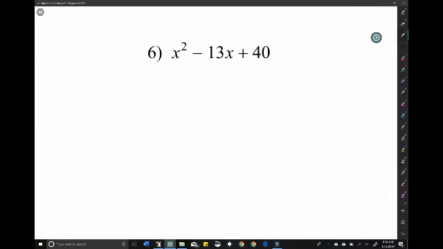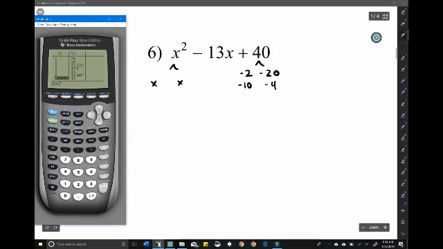It's an easy one. Okay. X squared, and factors of 40 that add to negative 13. You can use the trick. You could think of 2 times 20. That won't help you. Let's see, what else? Negative 10, negative 4. That won't do it.